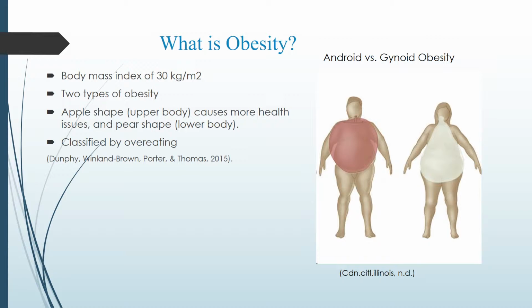And they describe this in the readings that I found as an apple shape for the upper body and a pear shape for the lower body. It's often classified by overeating. I just want to hit the highlights on the apple shape.